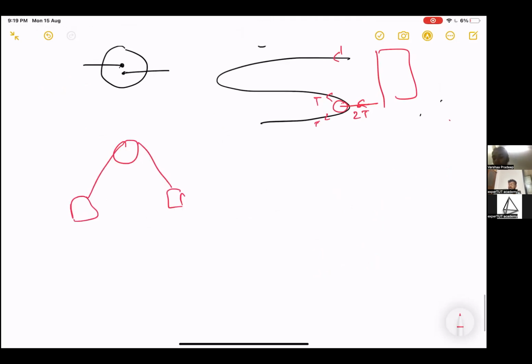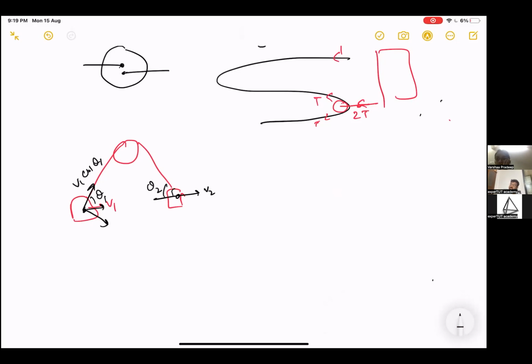No, this is going with V1. If this is going with V1, then this V1 has two components, one along the string and one perpendicular, and this is theta1. So along the string, it is V1 cos theta1. Perpendicular to the string, it will not affect the string. This V2 is like this, and this is theta2.